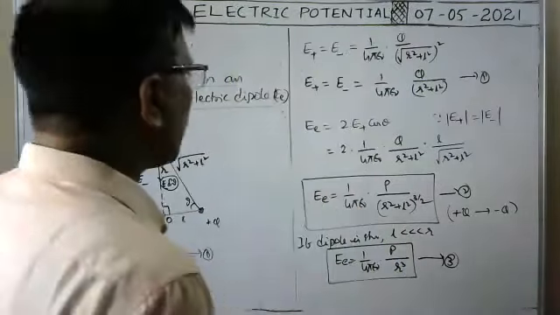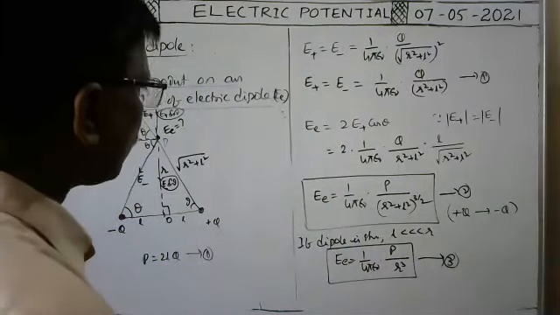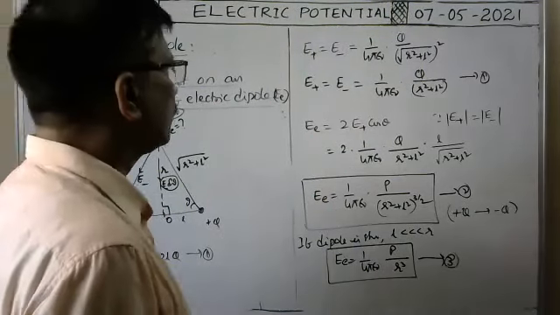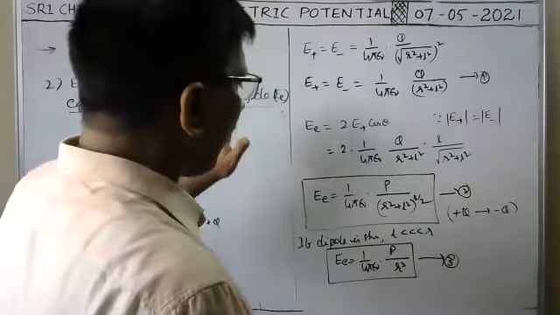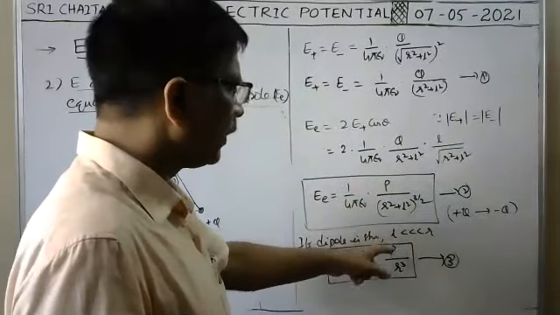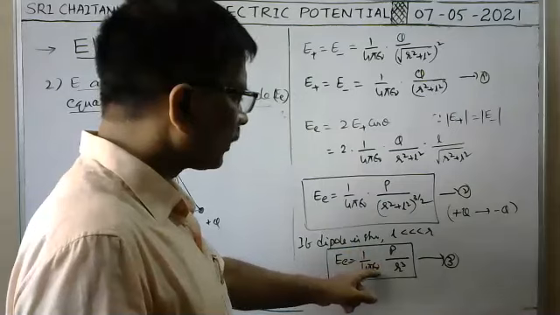Okay, in the case of a short dipole, on the axis it is 2P by 4 pi epsilon naught r cube, and on the equatorial line it is 1 by 4 pi epsilon naught P by r cube.